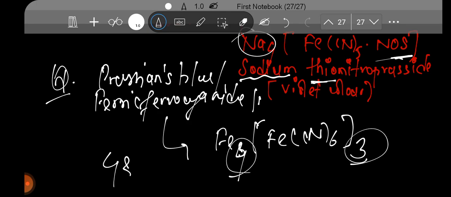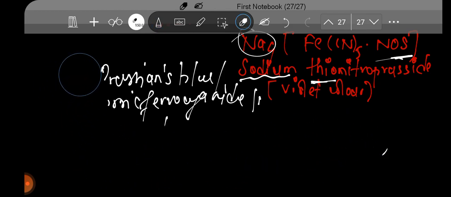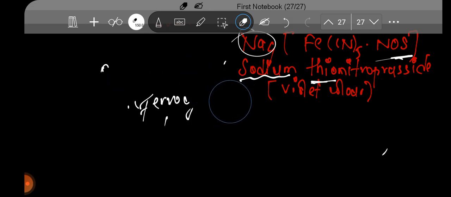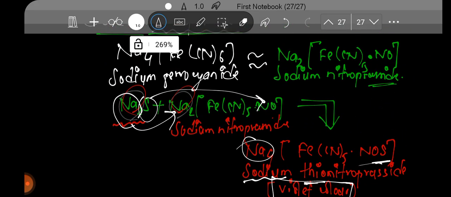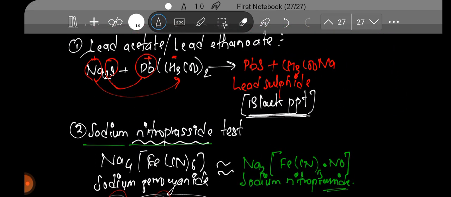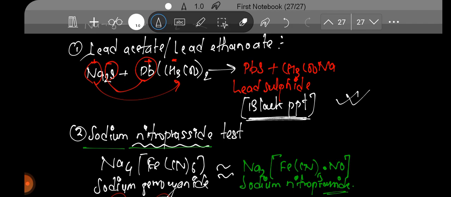You have to remember 4 and 3 if it is in MCQ. This is all for the detection of sulfur. Because there is violet color, we can see this color after the reaction has happened. And in the upper one, we have black PPT. This can be easily recognized.